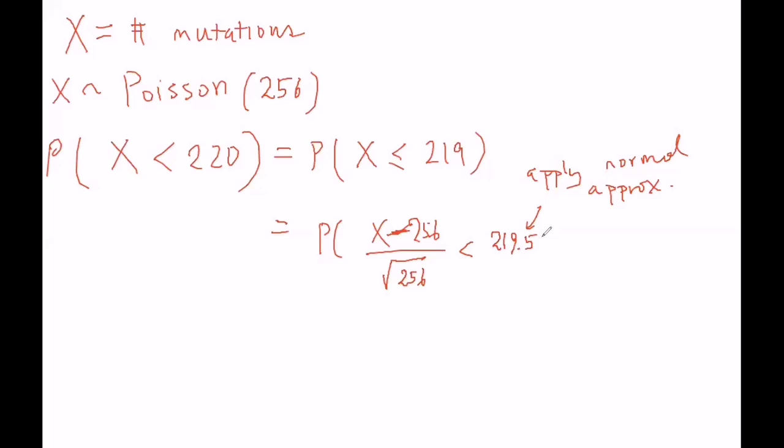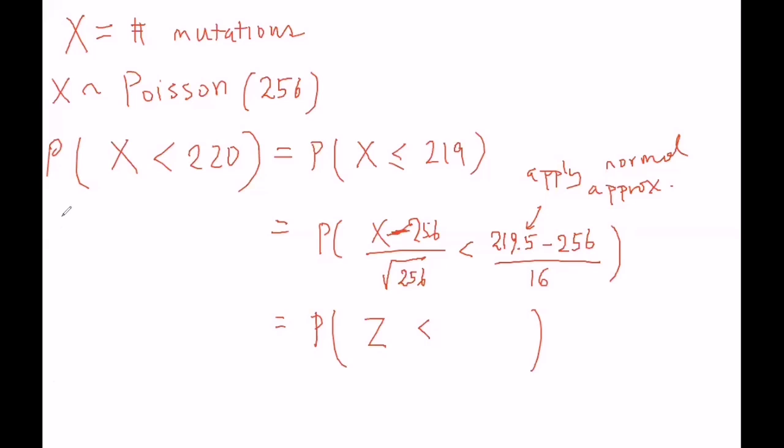I'll explain a bit why the 0.5 actually comes out. The square root of that is 16. So you will get Z, and here you will get something like minus 2.28.